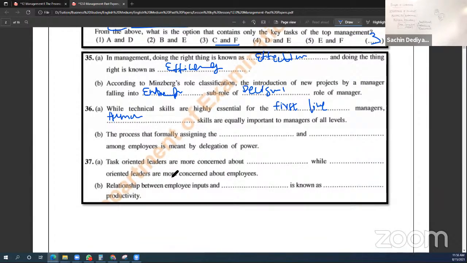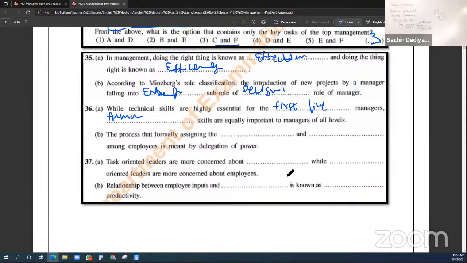The process of formally assigning blank and blank. What do you mean by delegation? Now you know that when you come to authority, without any doubt, you are getting the responsibility as well. Why?